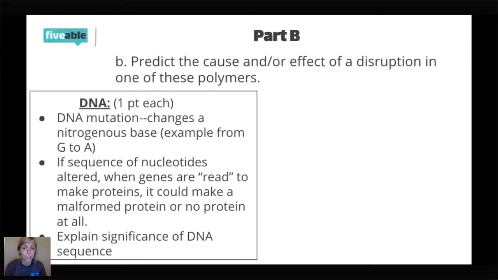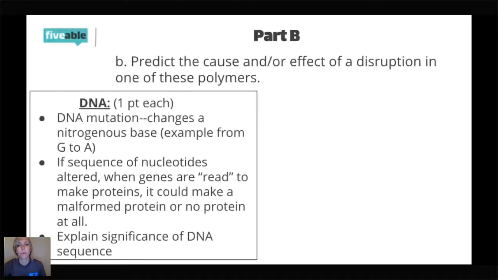So if a protein can't do its job, the cell is going to suffer, okay? So always connecting it back to, why does this matter? What's the big picture? I would always tell my students at the end of a free response, if you haven't made it clear why what you said matters, then maybe go ahead and explain why that actually matters. Okay, so that's for DNA.